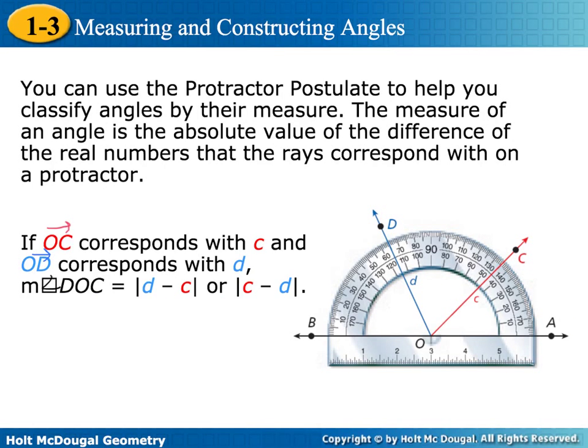All right, you can use the protractor postulate to help you classify angles by their measure. The measure of an angle is the absolute value of the difference of the real numbers that the ray corresponds with on the protractor. So what that means is I start here and I look at this angle, COA. This angle is comprised of these degrees. So I start here at 0. If I start at this black side of A, I go up 10, 20, 30, 40, 45 until I get to the red.